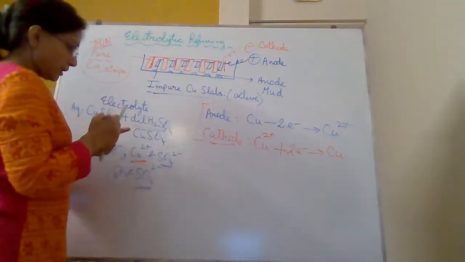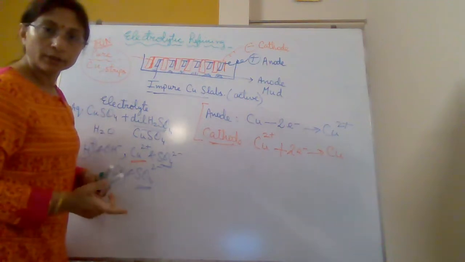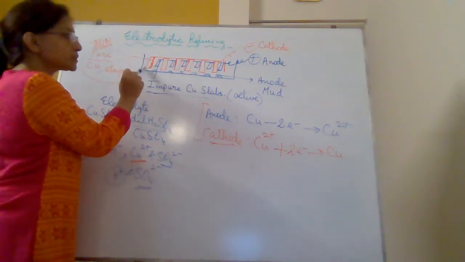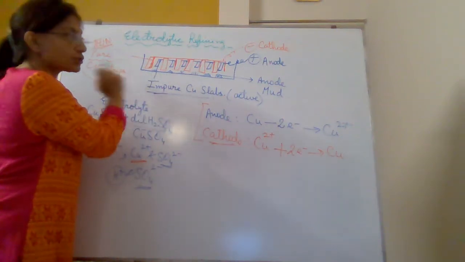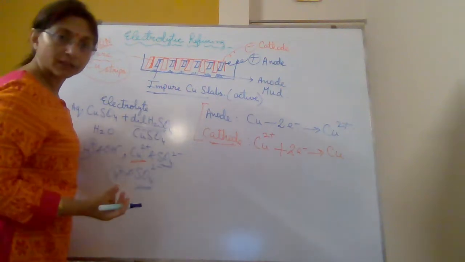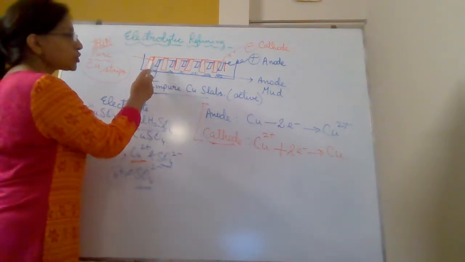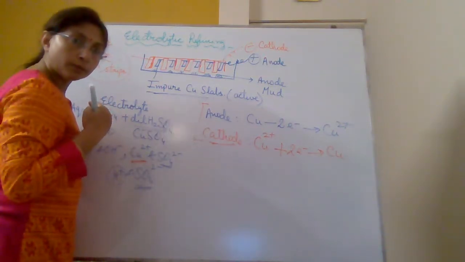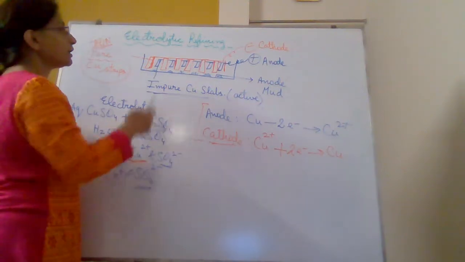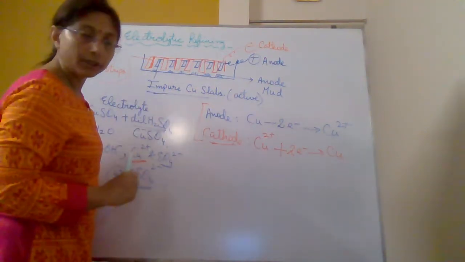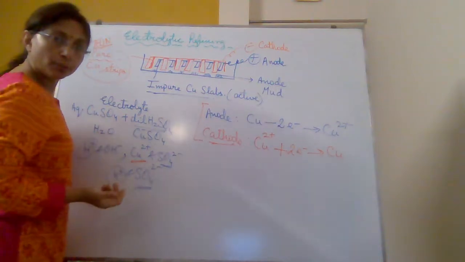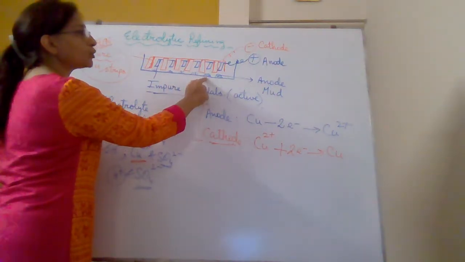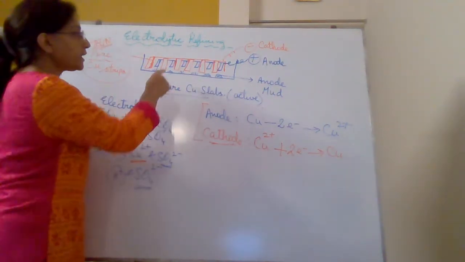And the impure copper slabs will become thin. Why? Because their copper will migrate towards these pure copper strips. So obviously the mass of the pure copper strips will increase and they will become thick, and the impure copper slabs, since copper is migrating out of them, will keep on becoming thinner in mass. During the process, one more observation will be the collection of anode mud below every anode.